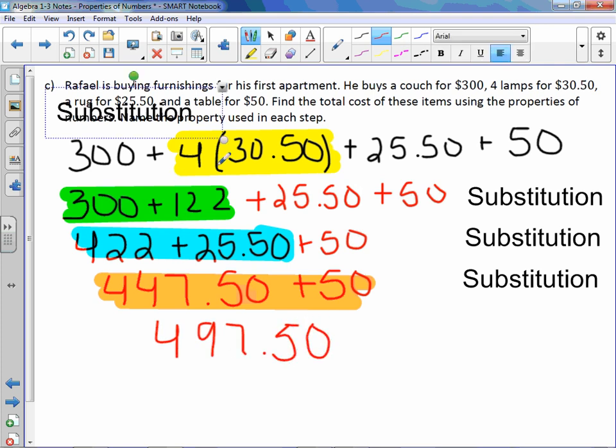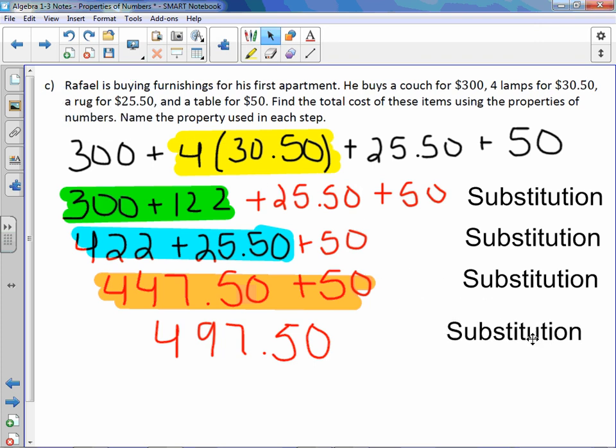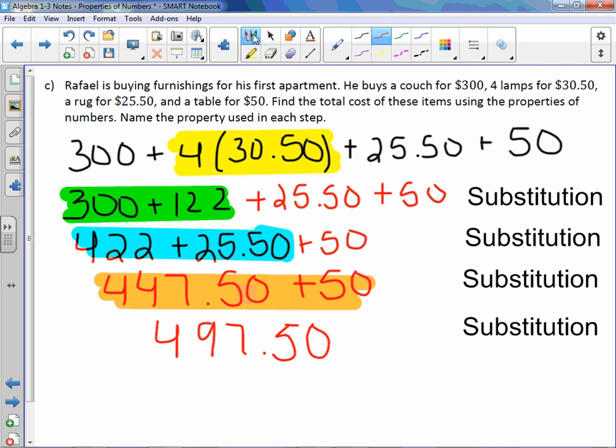Again, using substitution. So it's okay if you end up using the same property each time. So let's answer this properly. It says, find the total cost of these items using the properties of numbers. So let's throw a dollar sign in front of it. $497.50.